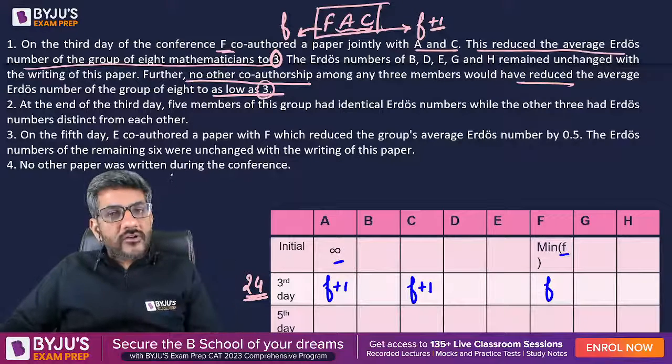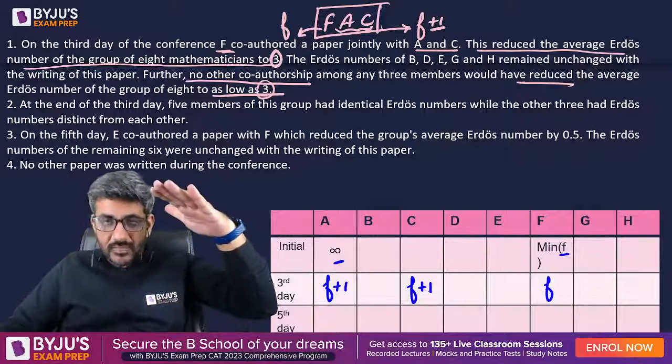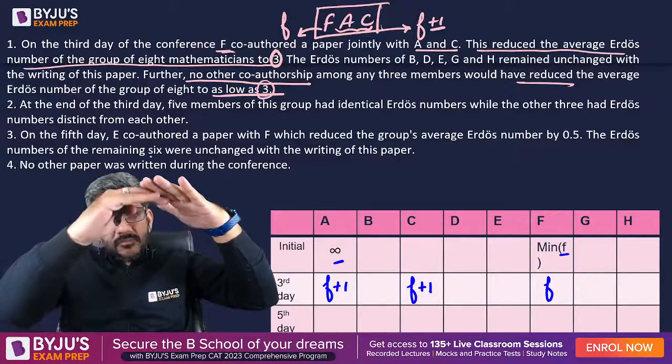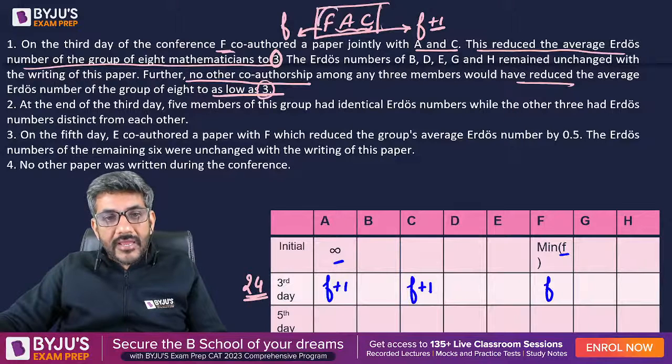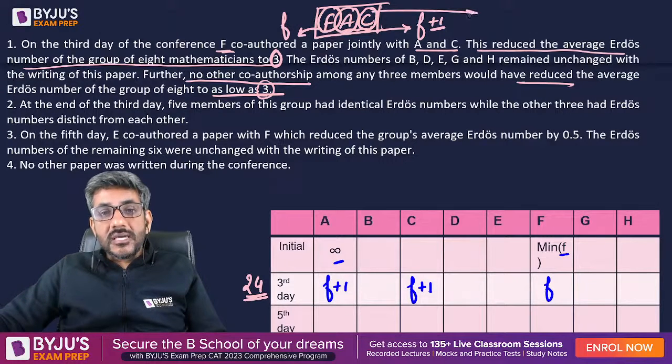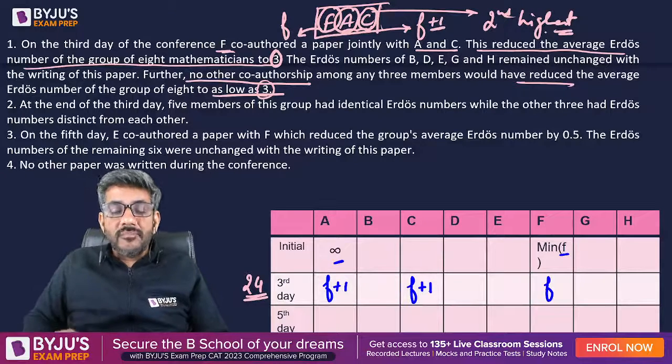Now, what do you need for the largest possible reduction? Of course, we need the highest number to be reduced, and it should be reduced to the lowest number. The lowest number is already F. The highest number is already A. So can I say now C must be the person with the second highest ERDOS number before?